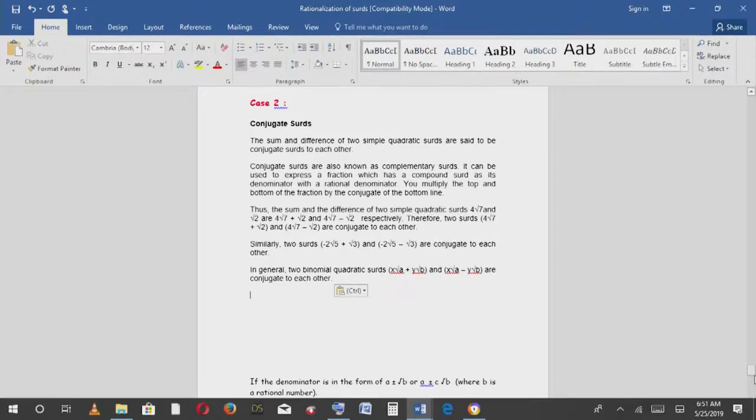That is to say, if you have a positive value for the irrational value, then the conjugate surd would be a negative value. If we have, for example, root a plus root b, then the conjugate surd of that value will be root a minus root b.